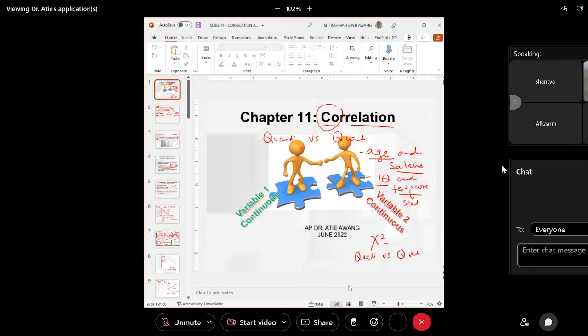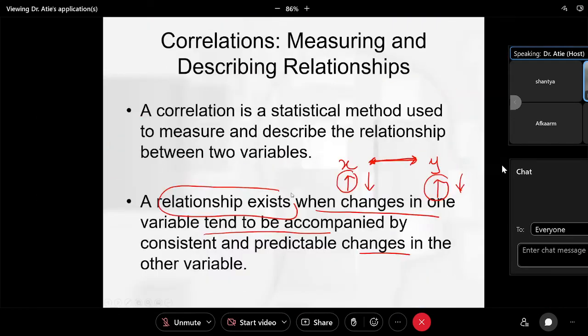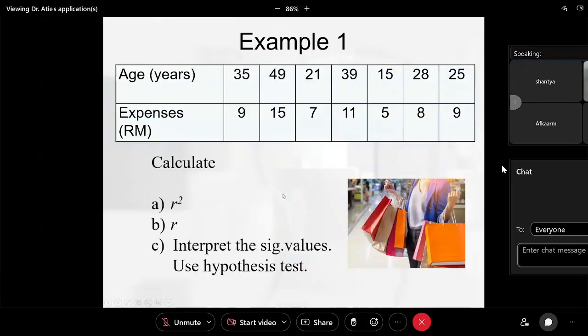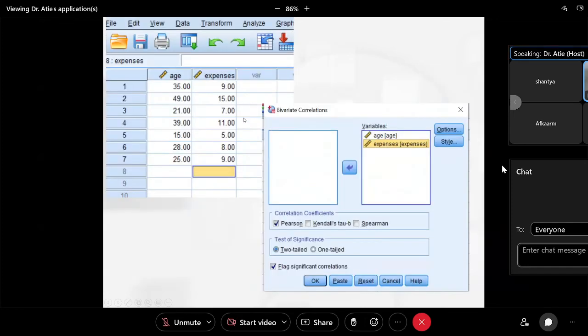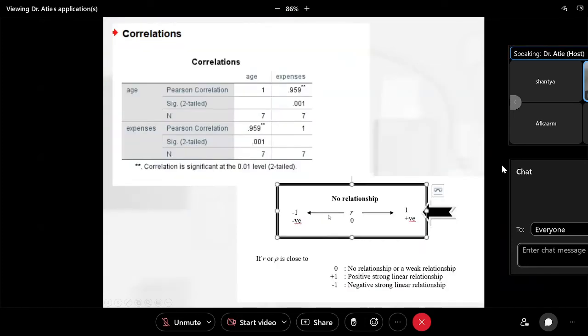So first we need to calculate the R square. Just now we already did this and we already got the answer. For part A, R is 0.959, and then we need to square it.